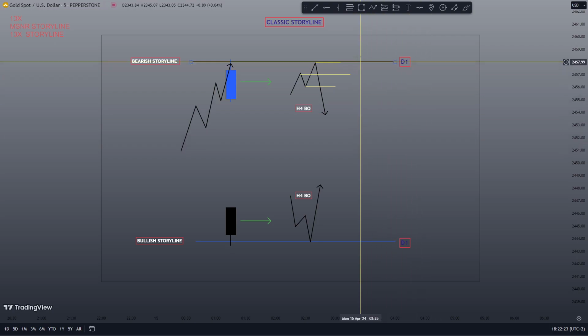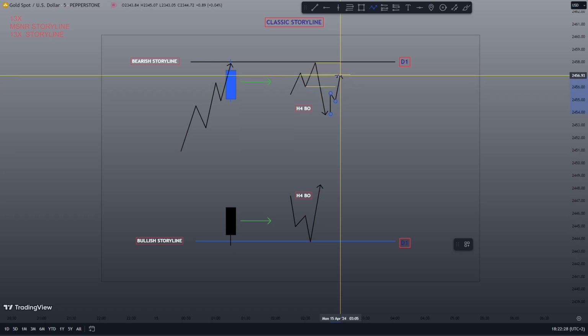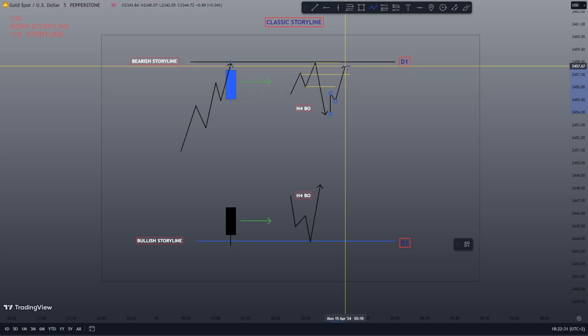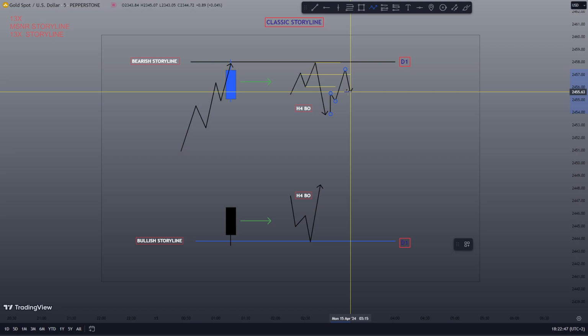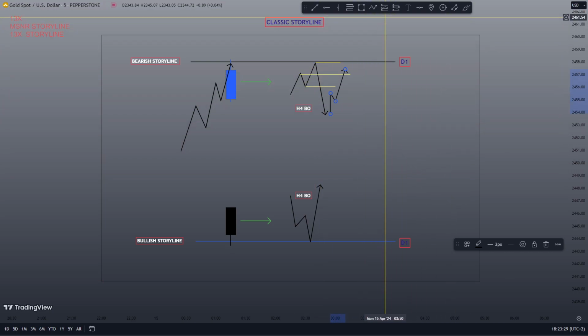So we just wait for price to come back to one of those levels that got created on H4, and price will print a setup, one of our 13 setups, and will also print a confirmation candle or N5 confirmations there, and we are done.